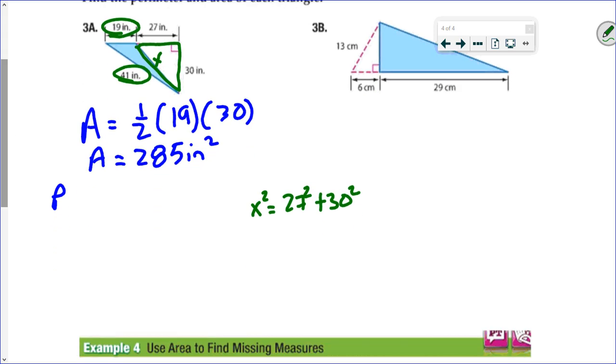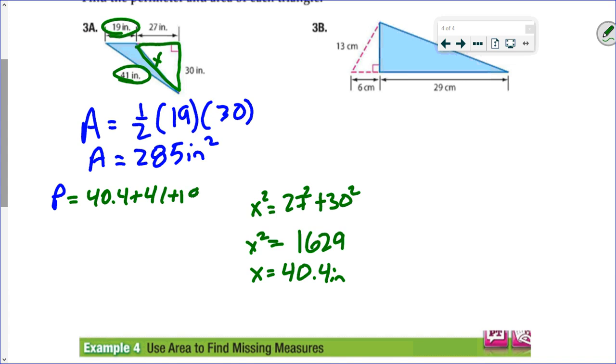So 27 squared plus 30 squared, you get 1629. Square root that. Let's do one decimal place here. You get 40.4 inches. And so our perimeter, 40.4 plus 41 plus 19. So that's about 100.4 inches.